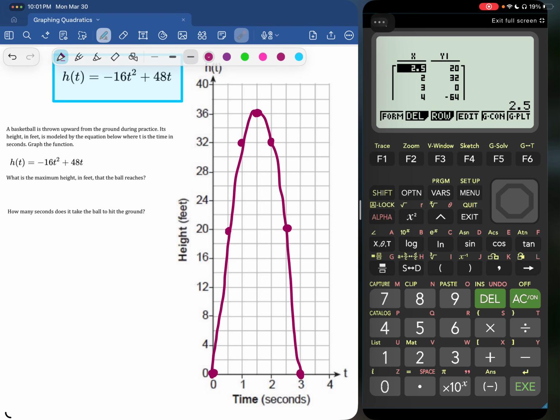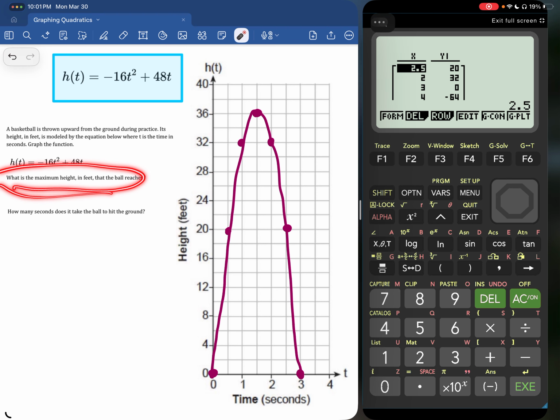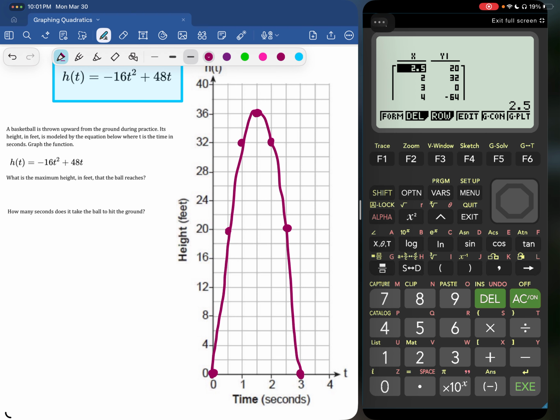What is the maximum height in feet that the ball reaches? So your maximum height is obviously the point where the max is, right? So we want to know what height is this? What height is the max at? And you would see that that's at 36 feet. So this ball reaches a maximum height of 36 feet.